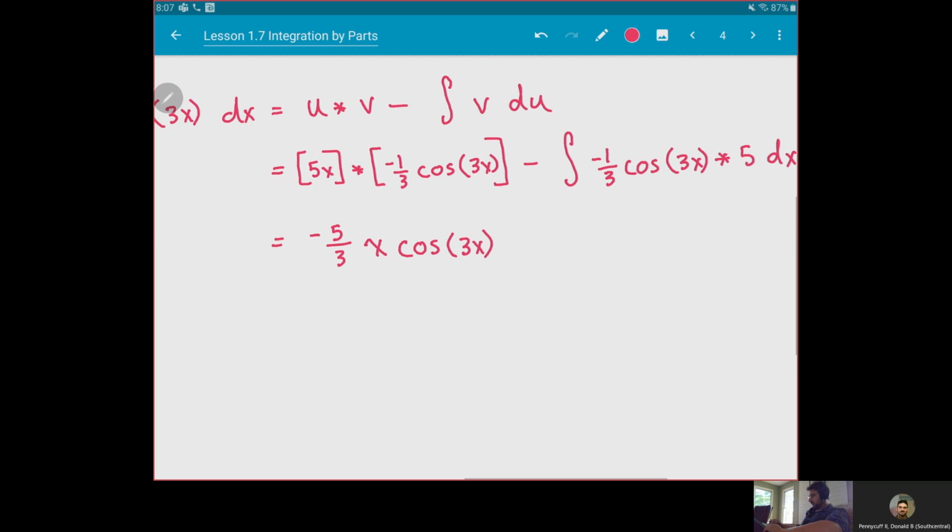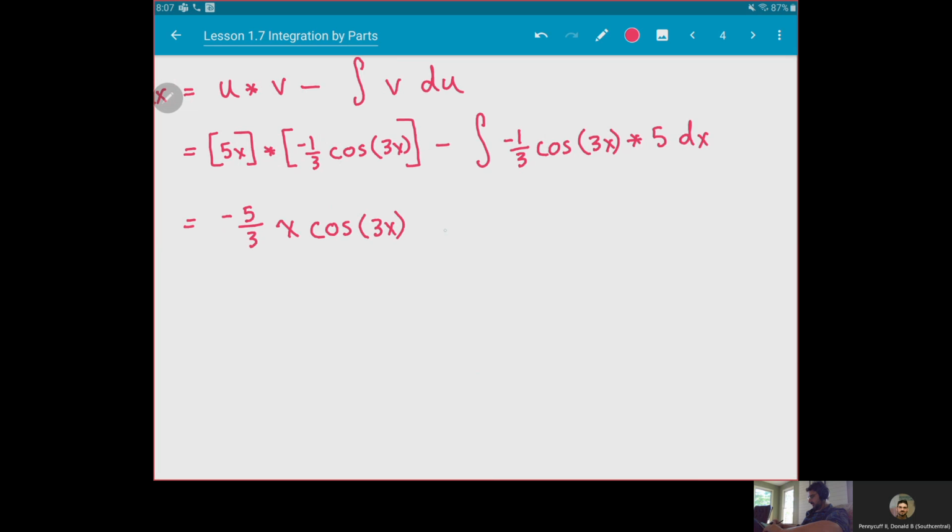Pull out the negative 1/3 and the 5, that'll turn that positive, so that's going to be positive 5/3 times the integral of cosine 3x dx.